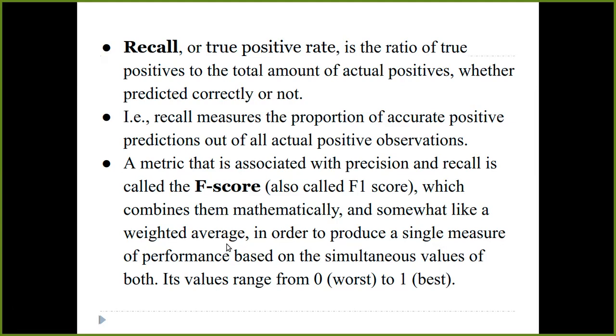Weighted average means how much importance precision has and how much importance recall has. So each one contributes in a different way. In order to produce a single measure of performance based on the simultaneous values of both, this value ranges from 0, the worst case, to 1, the best case. So the F score gives the actual performance measure between 0 and 1.